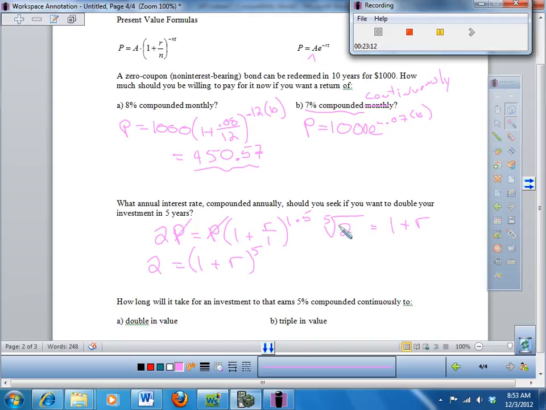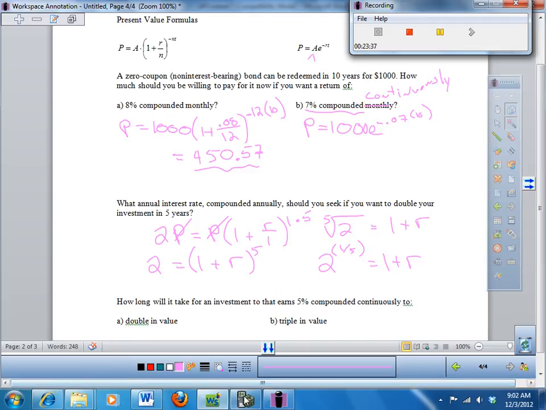And do you know how to take the 5th root on your calculator? There's either a 5th root button, or you can raise that to the 1 over 5 power equals 1 plus r. Okay? So taking the 5th root is the same as raising it to the 1/5 power.